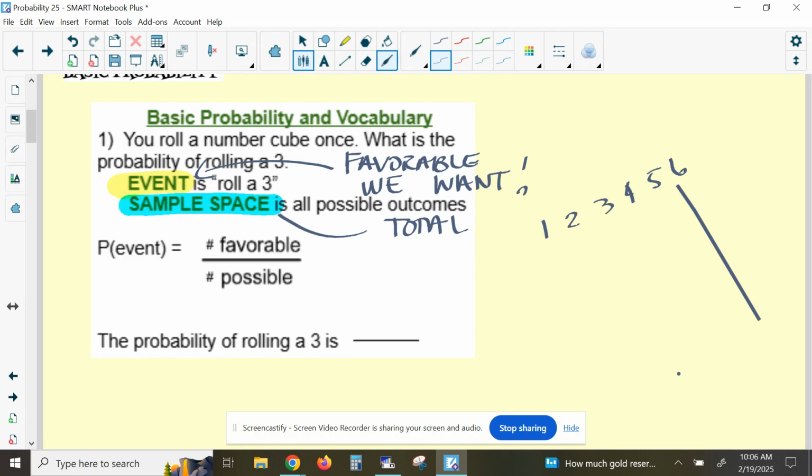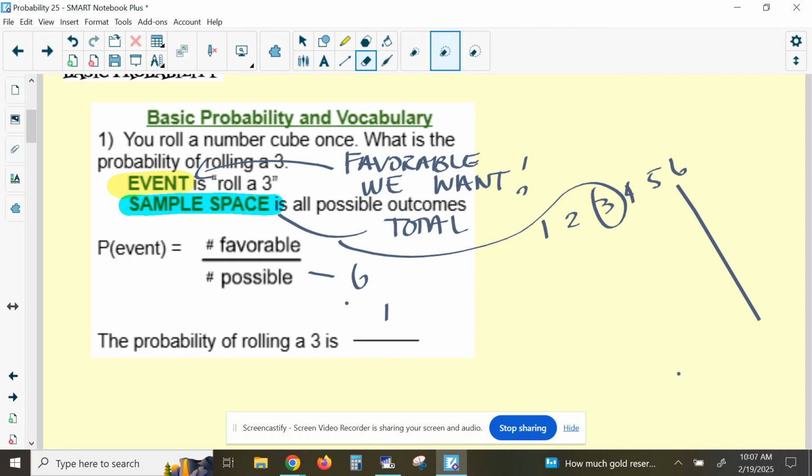So we put the total possible, 6, on the bottom. And the number favorable, how many of those are going to be a 3? Just 1, because this is the only one. So it's 1 out of 3. I'm sorry, 1 out of 6. My bad. 1 out of 6.